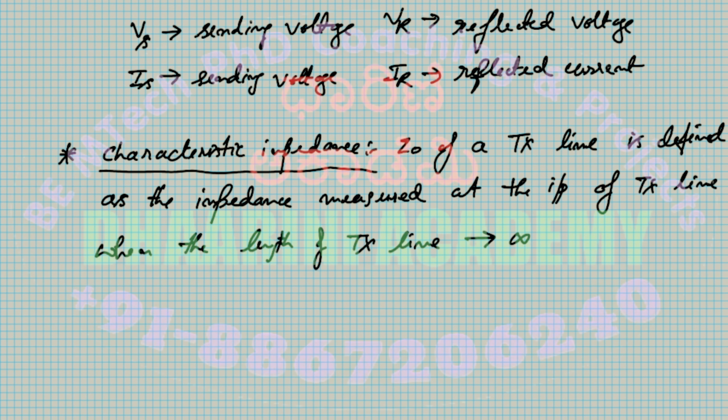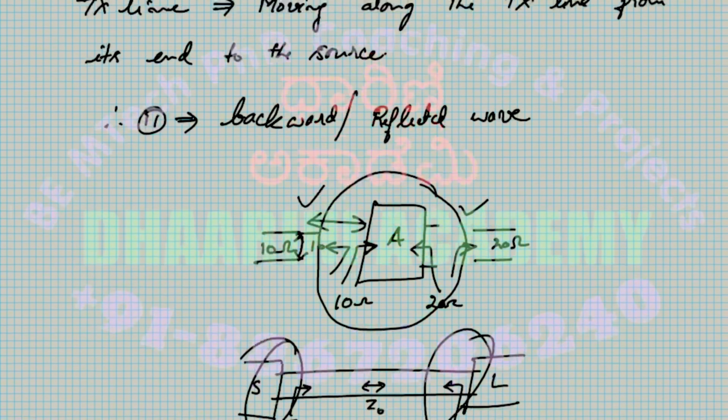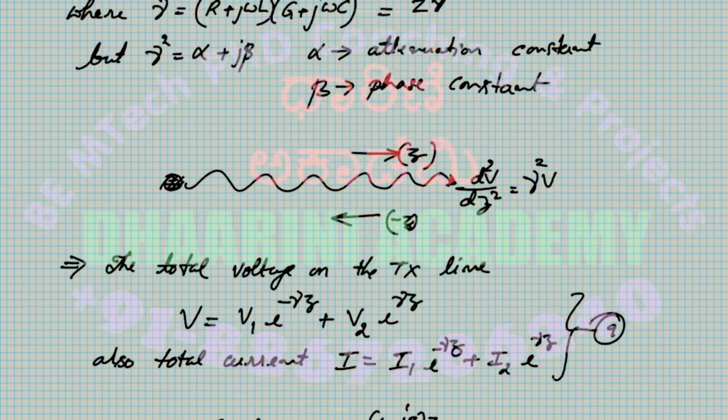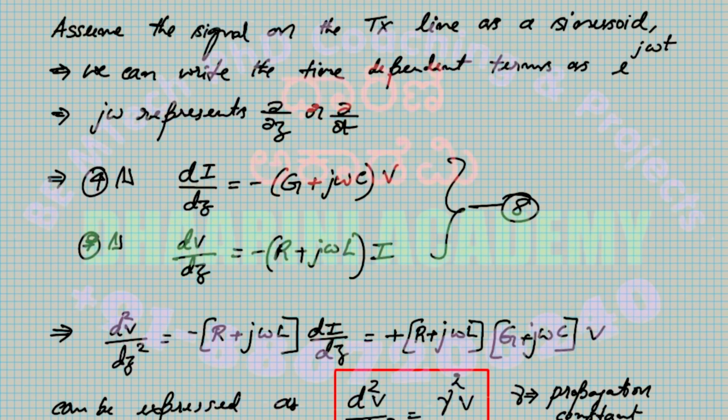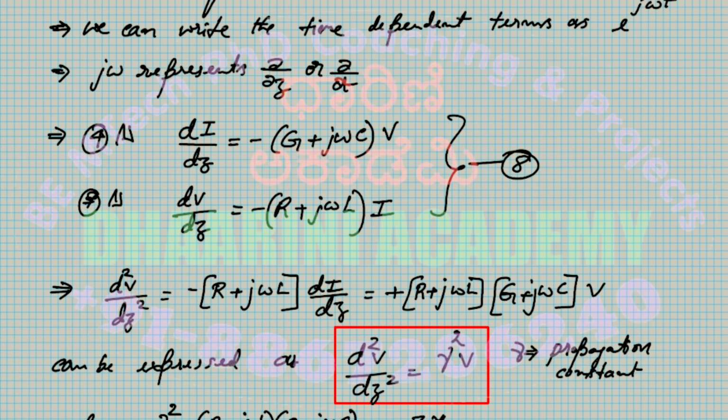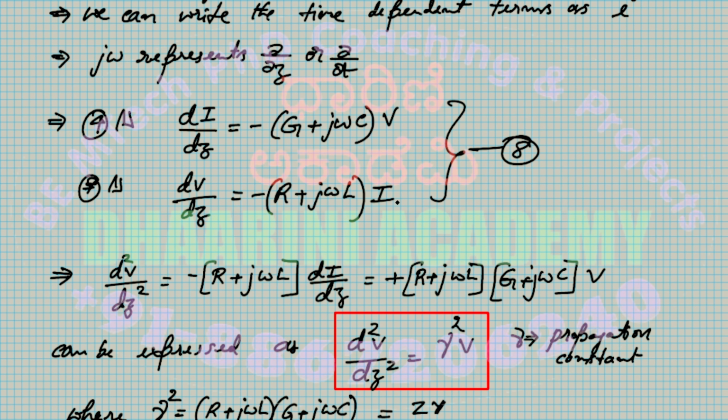Now let's go back and check one equation. I want to directly start with that equation. I don't want to write everything before that. Actually, you can start from the very beginning of the previous derivation, but I want to use this equation 8. If a big question comes, like 10 marks, to derive the characteristic impedance, you'd better start from the beginning, because it's for larger marks.